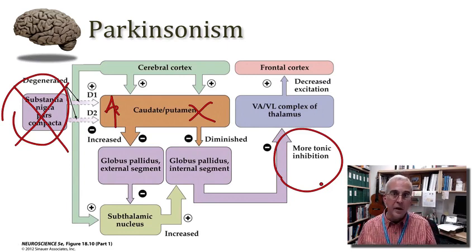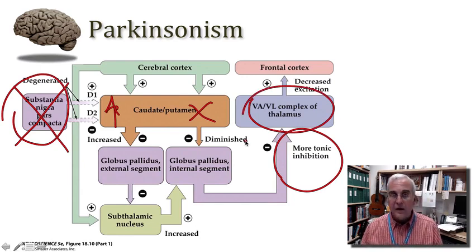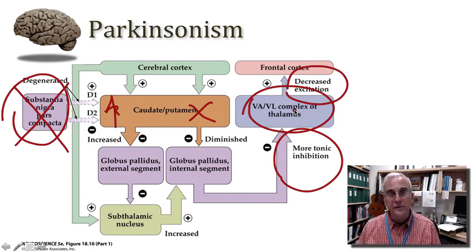So the problem in Parkinsonism is bradykinesia, a slowness of movement, an absence of movement. That's because the motor thalamus is tonically suppressed, and it's very difficult to overcome that suppression. As a consequence, there's decreased excitation of the motor cortex and tremendous difficulty initiating movement.